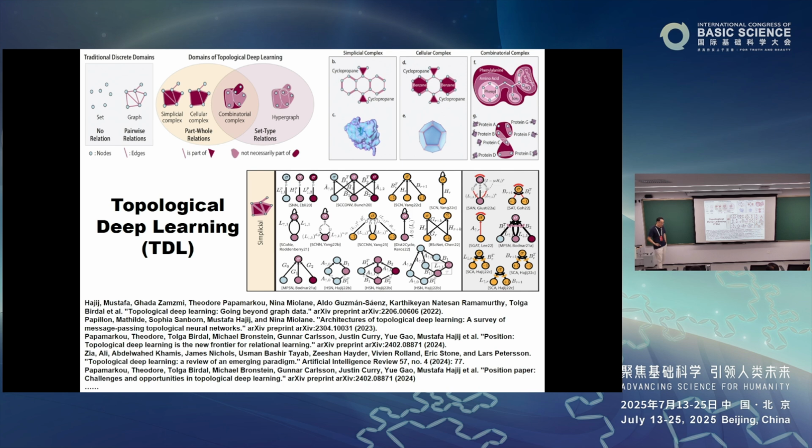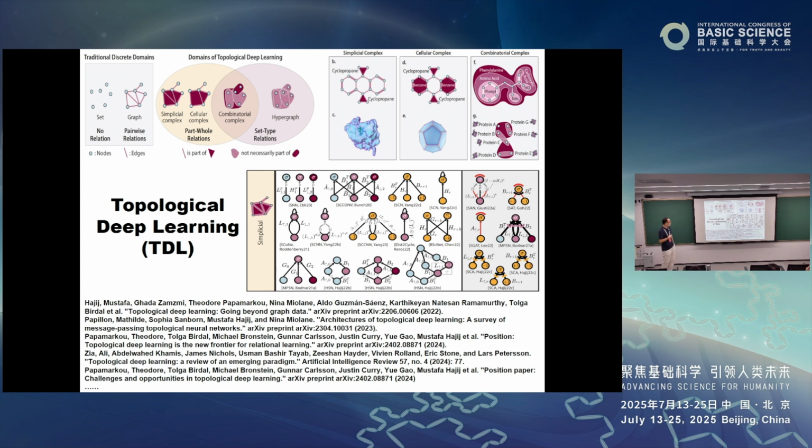And then eventually, building on these learning ideas, we try to go to the real topological setting, the higher-order setting. This is what they call the topological deep learning model. This is a very interesting research area between mathematics and machine learning.